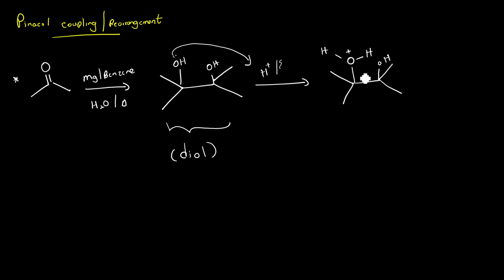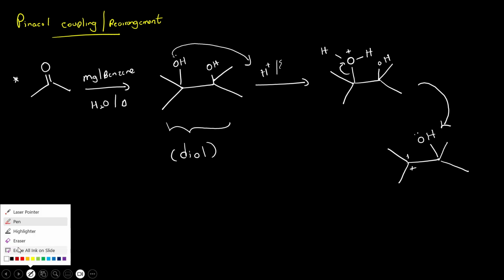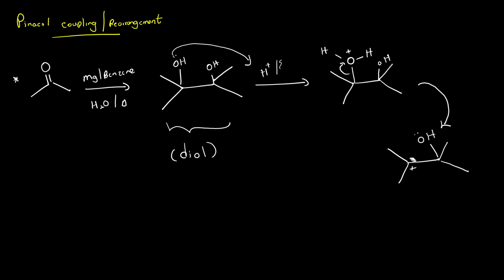Now this is a very good leaving group, so it can leave on its own. We are left with this particular molecule, where we have a positive charge. This is the structure we have obtained up to this point.